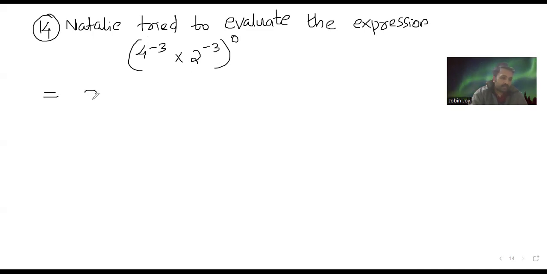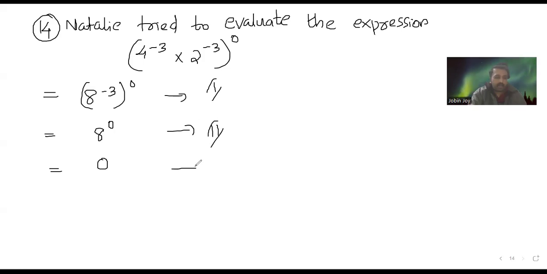So step number 1 is 8 raised to minus 3, the whole raised to 0. Then after that she did 8 raised to 0. Then after that she will get 0. Okay, so this is step number 1. This is step number 2. And this is step number 3. The question is, did Nadali make a mistake?